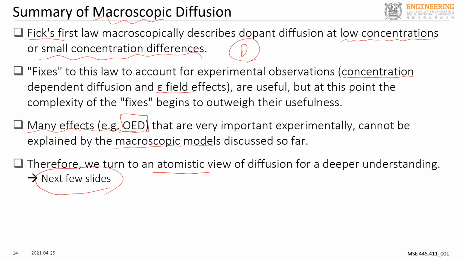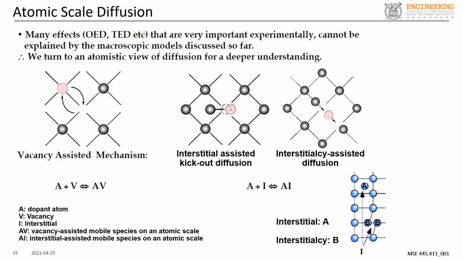That's what we are going to discuss on the next few slides. So again, the motivation is there are many effects on diffusion which cannot be explained by the macroscopic model. So we need to use the atomistic view for diffusion.